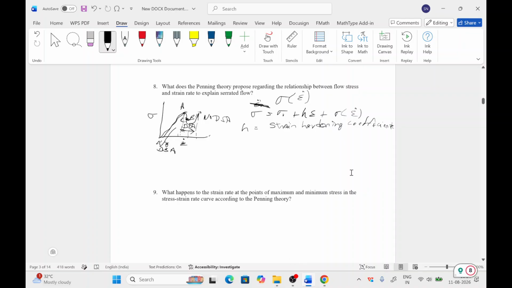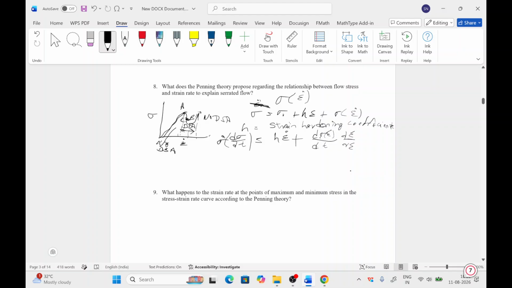So when we differentiate this equation with respect to time, that can be written as sigma dot, d sigma by dt, equals h epsilon dot plus d sigma epsilon by dt, and this can be written as d epsilon by d epsilon.